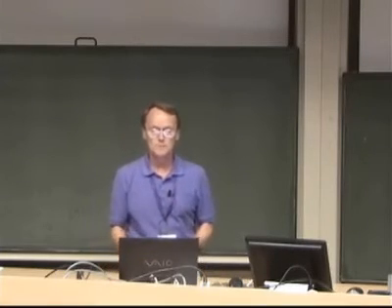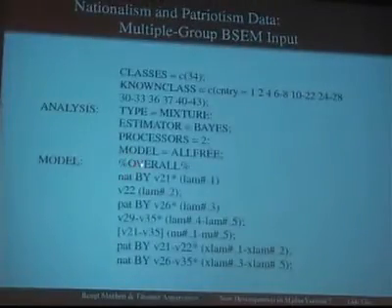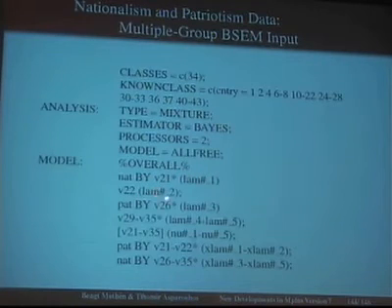Multiple group BSEM input then with this twist is, looking down here, nationalism measured by V21 and V22, those two items. We give them labels. Auto-labeling, you recognize that by the number sign and the underscore. Number sign refers to the 34 different groups. And PAT is patriotism, measured by 3 items. And similarly, auto-labeling that, and auto-labeling the intercepts as well.